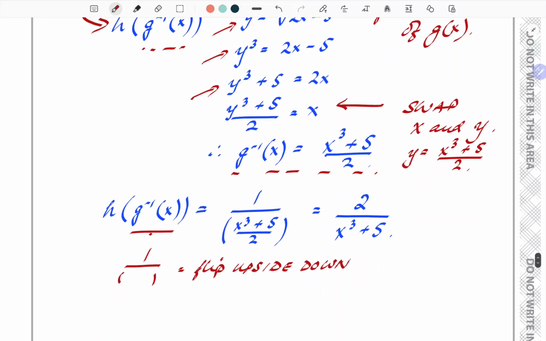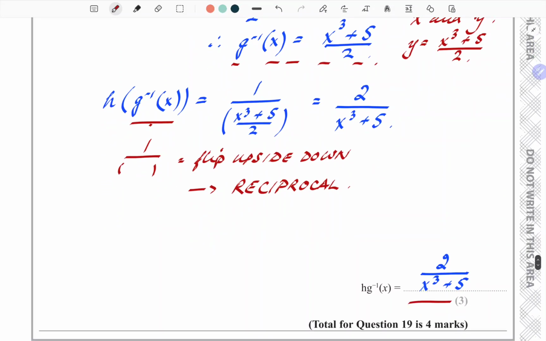Very mathematical term. To be serious, what it means is it's a reciprocal of whatever we put in. So that's why we flipped it upside down, and that becomes 2 over x cubed plus 5. So there's your answer there.